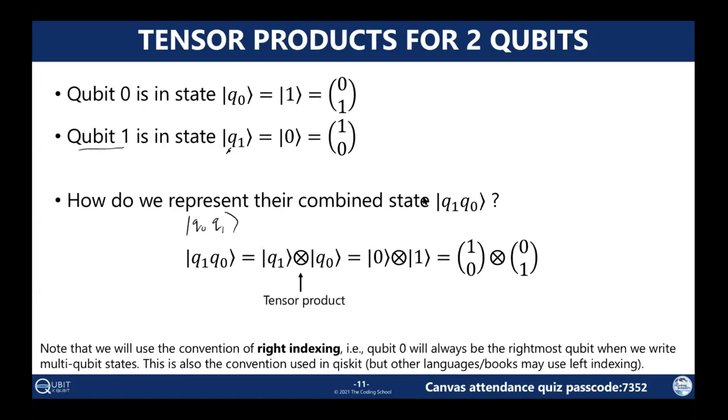If you're thinking of it in computer science terms, we'd say our most significant qubit is rightmost, meanwhile our least significant qubit is leftmost.